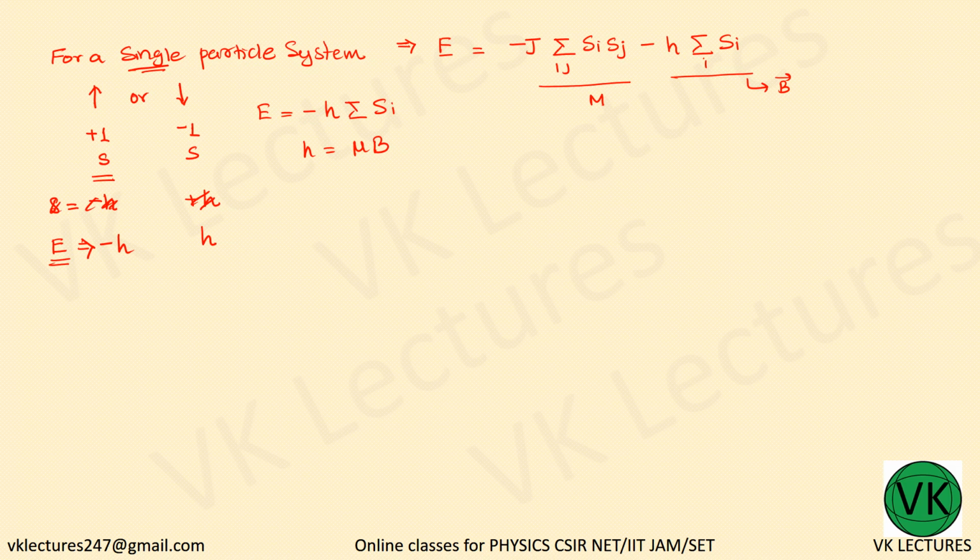Now once we get that energy, the partition function Z is equal to the sum over s of e to the power minus beta Es.